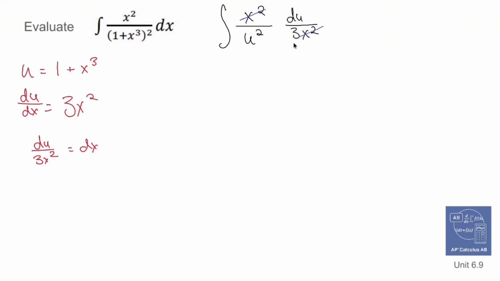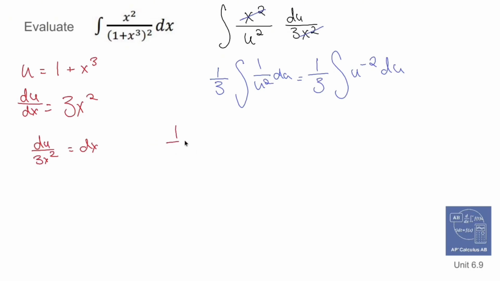Not anymore. Let's rip out a 1/3, all right? So I have 1/3 integral of 1 over u squared du. Now, I don't like the way that looks, so let's rewrite that as 1/3 times the integral of u to the negative second power du. So when we integrate that, okay, we have 1/3 lingering.